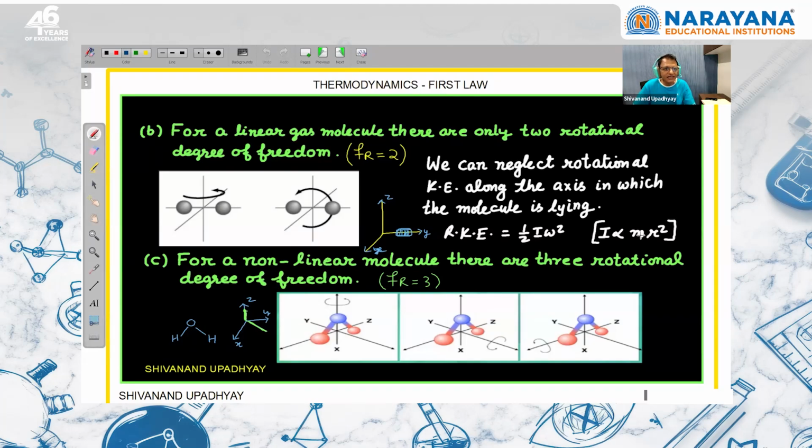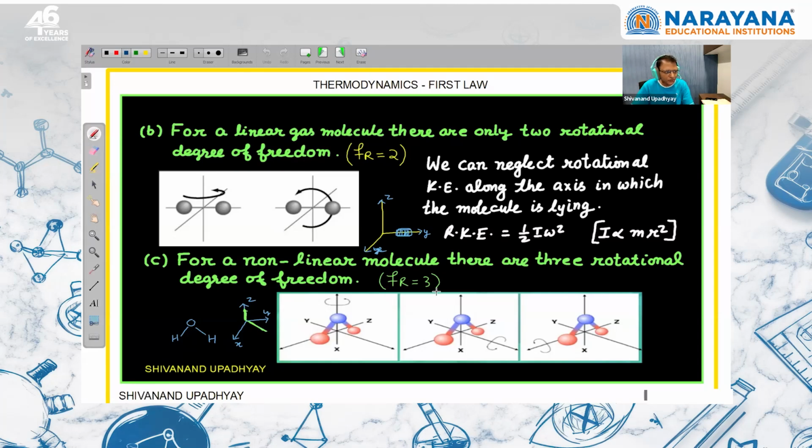I is directly proportional to m r square, and because of the small mass and very small R along this line, the center of mass line, there is no contribution to kinetic energy. But perpendicular to that there will be two. So the degree of freedom will be 2.